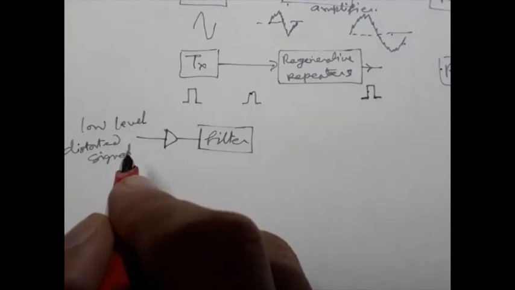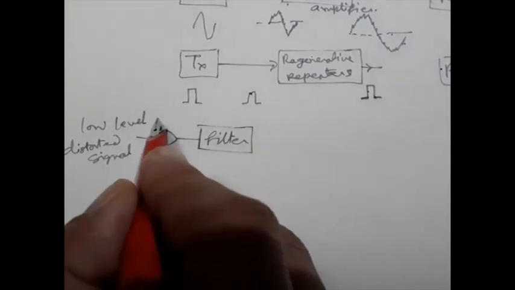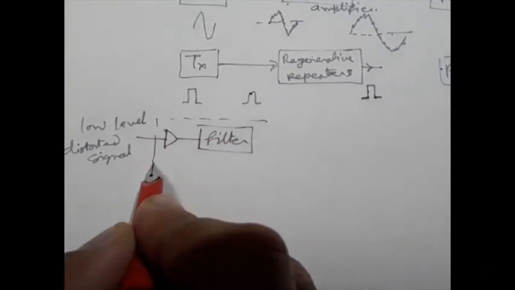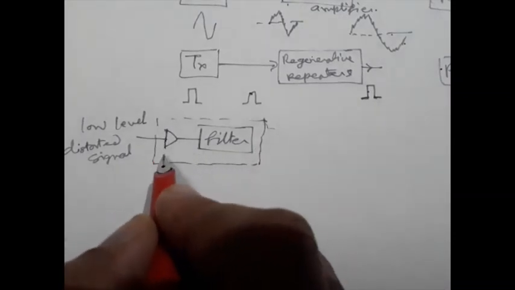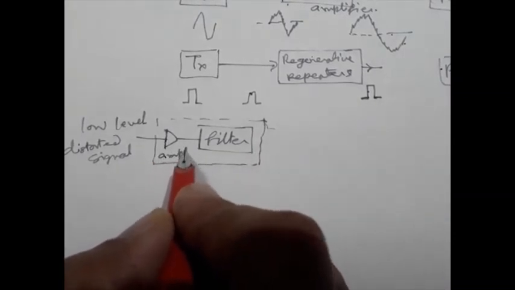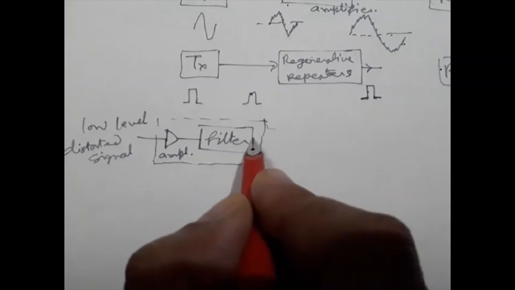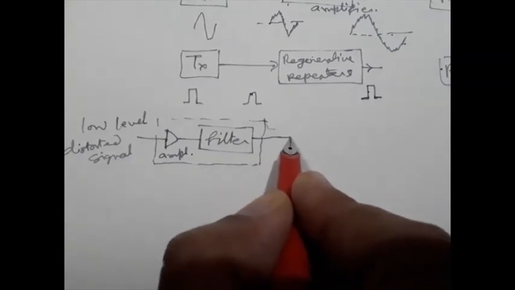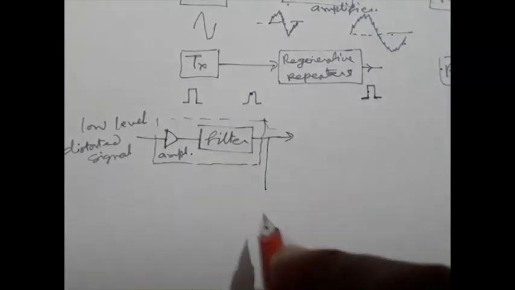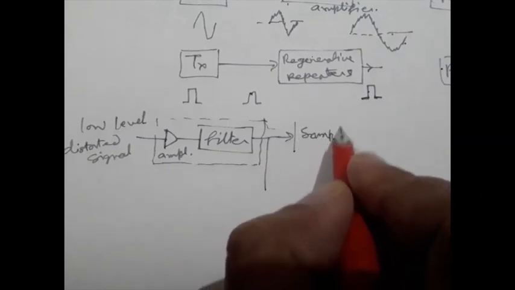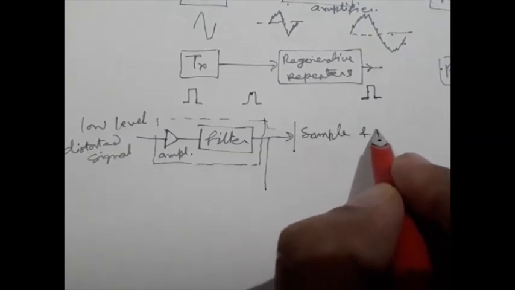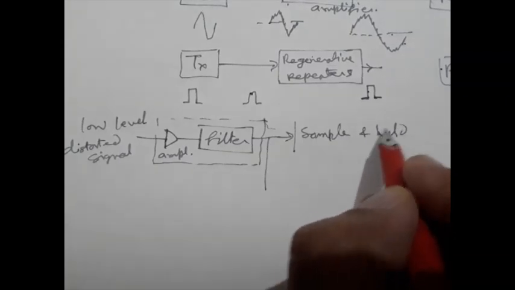Here we have a low level distorted signal. This must be passed through an amplifier filter combination to eliminate out of band noise. Next, we have to determine the actual data, so we need sample and hold.